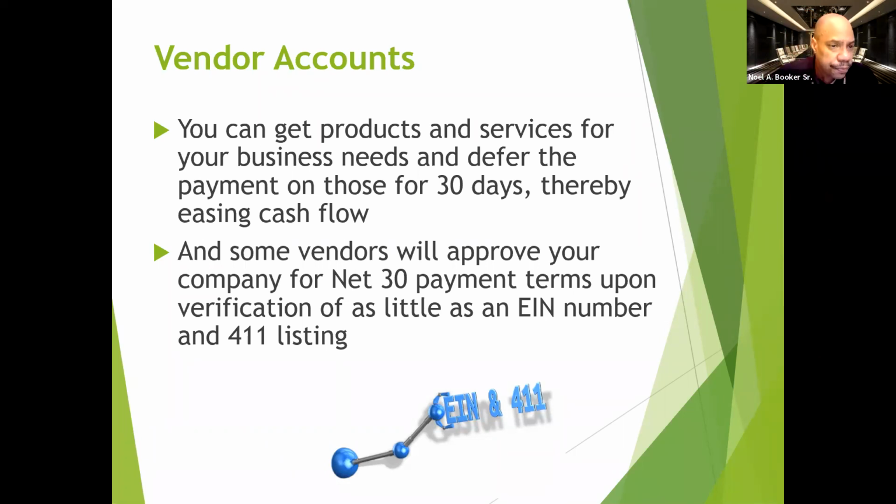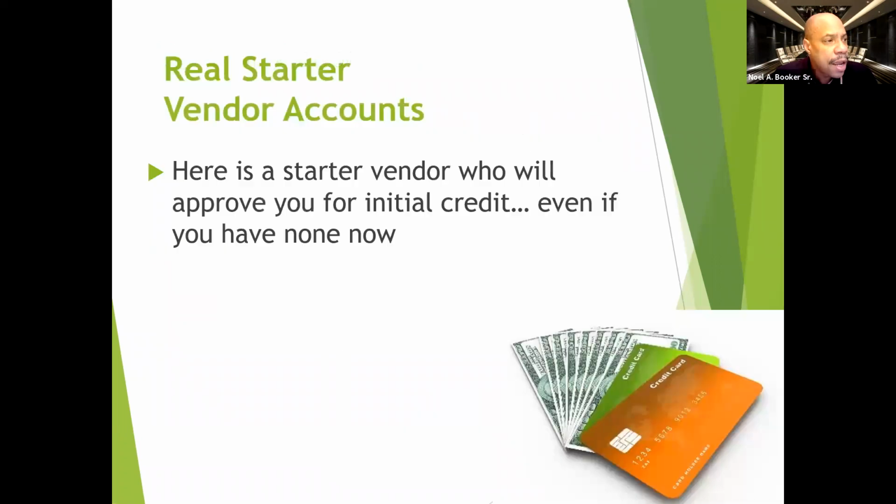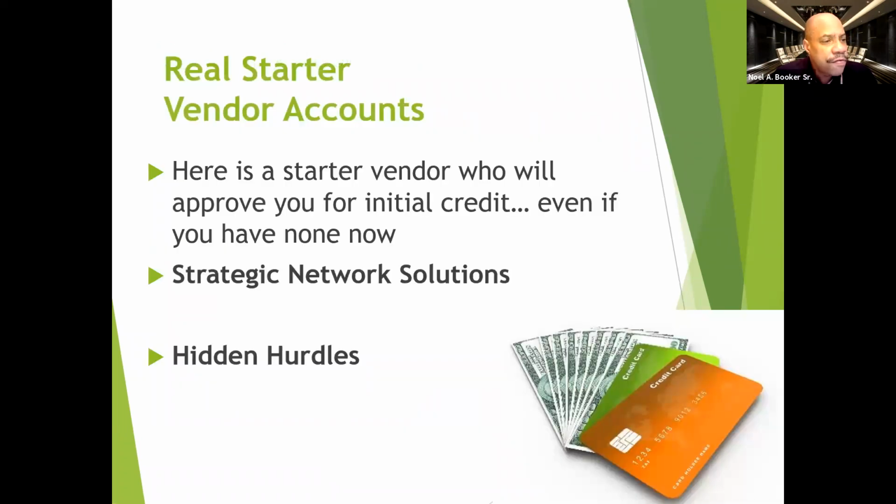So, bam, here is a starter vendor who will approve you for initial credit even if you have none now. So I go to Strategic Network Solutions every single time I start building business credit for a company, okay?